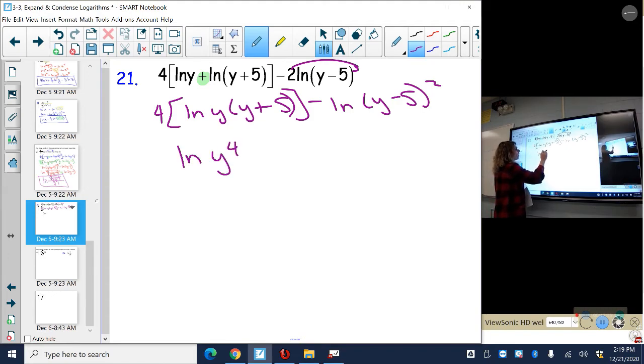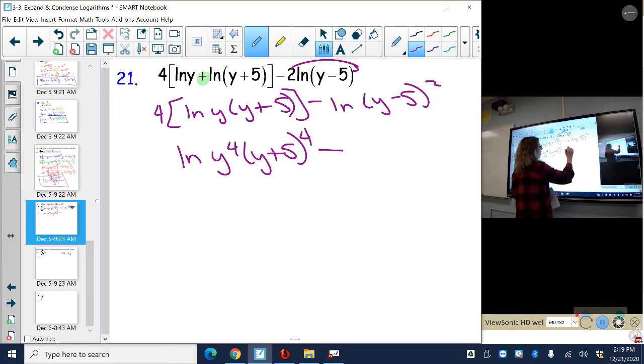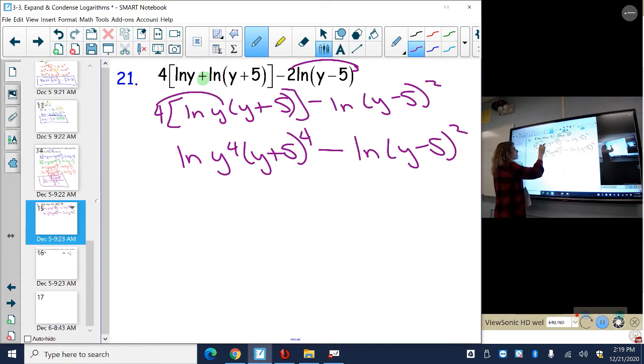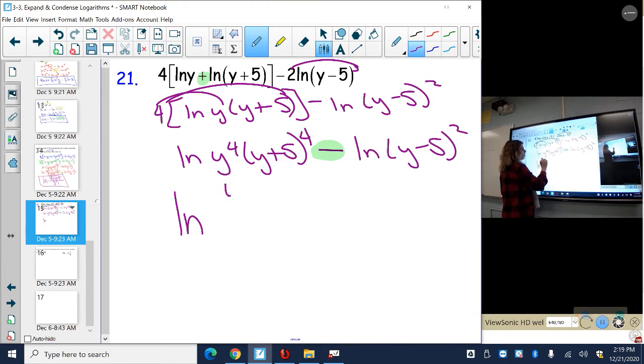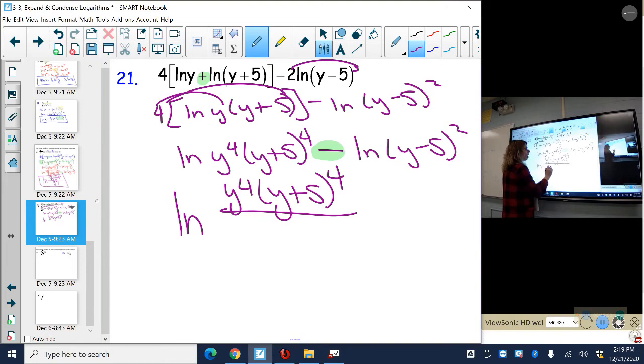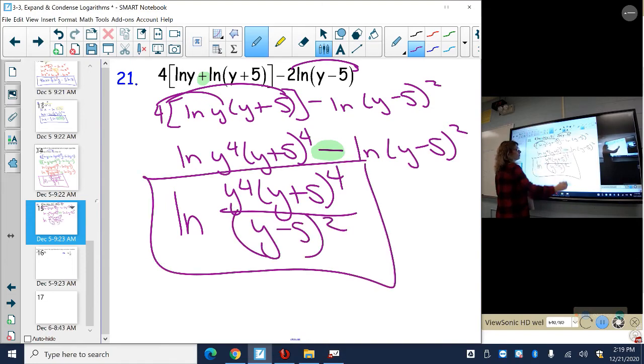So that's going to be y to the 4th times y plus 5 to the 4th. Minus the natural log of y minus 5 squared. Notice how I put it to both of them? Instead of putting parentheses, you can do that as well. In log world, subtraction is division. So this is y to the 4th times y plus 5 to the 4th, all over y minus 5 squared. And that is done.